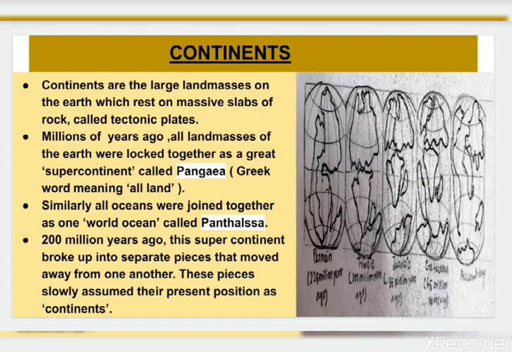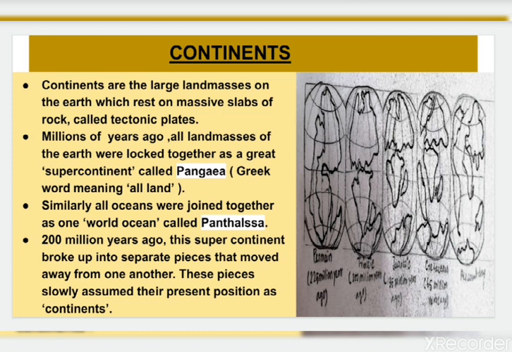Similarly, all oceans were joined together as one world ocean called Panthalassa. All the continents together are called Pangaea and all the oceans together are called Panthalassa. 200 million years ago this supercontinent broke up into separate pieces that moved away from one another.